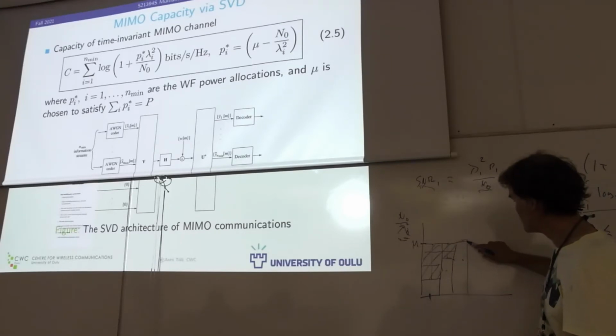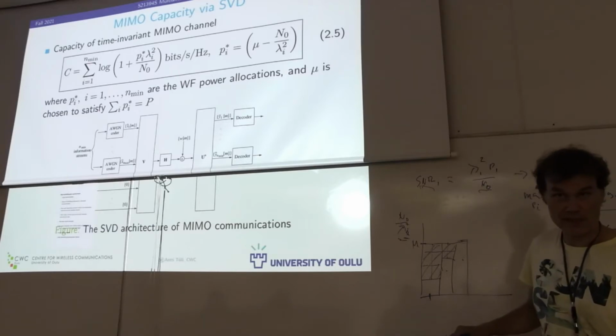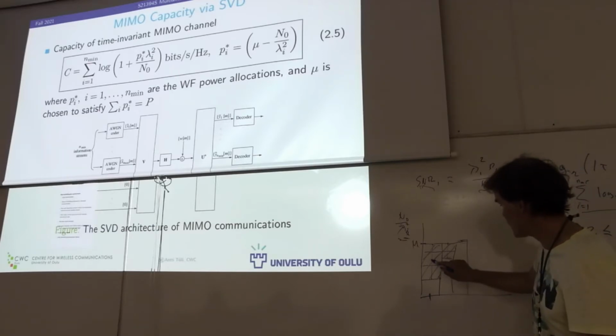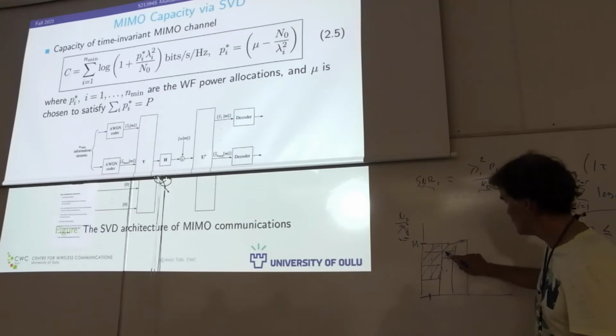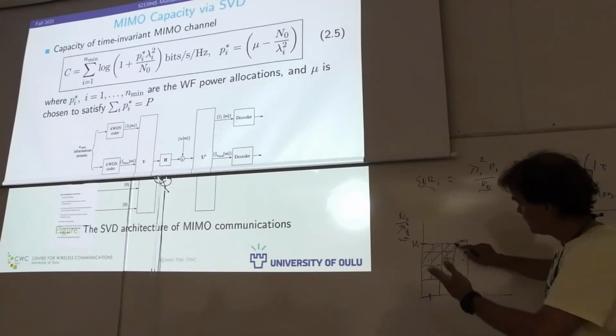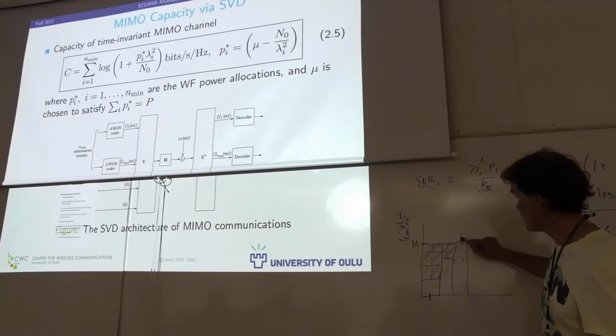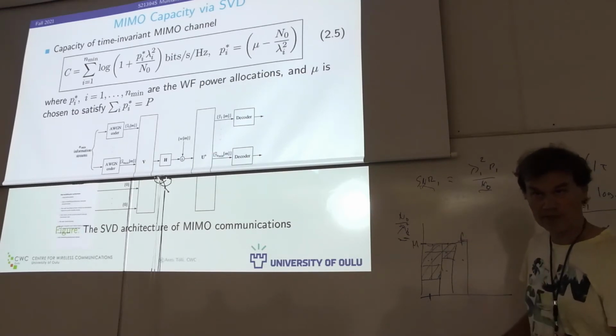In this particular case, the third stream would not get anything, right? But if P1 plus P2 happens to be exactly P, the water level is up here, and we don't allocate anything to the weakest streams.